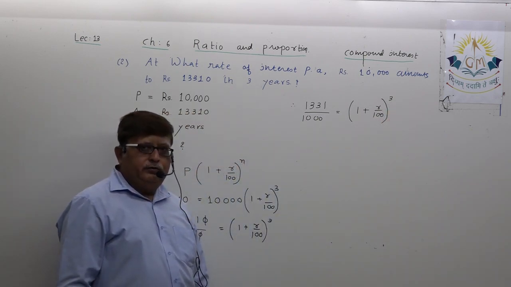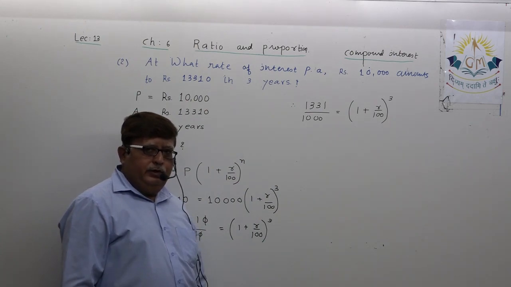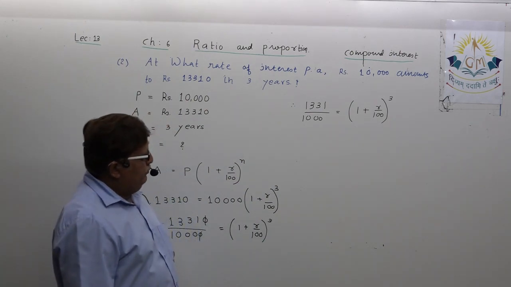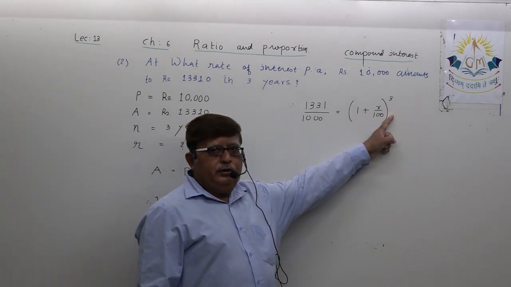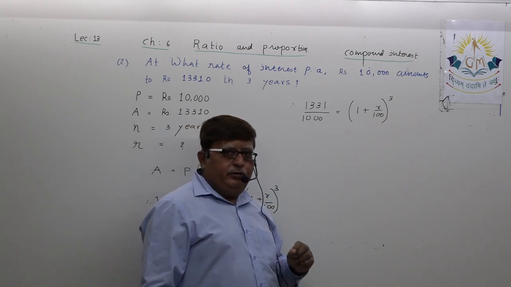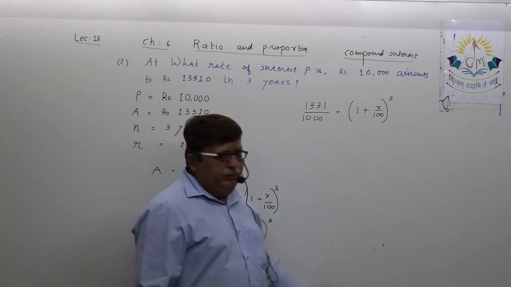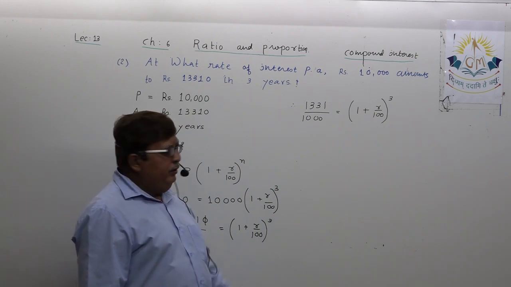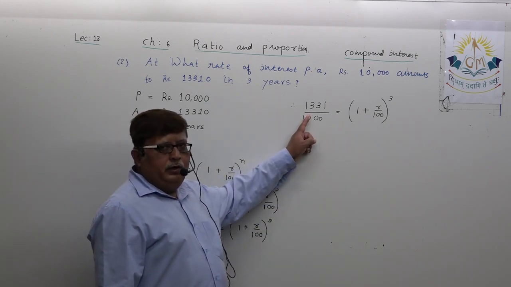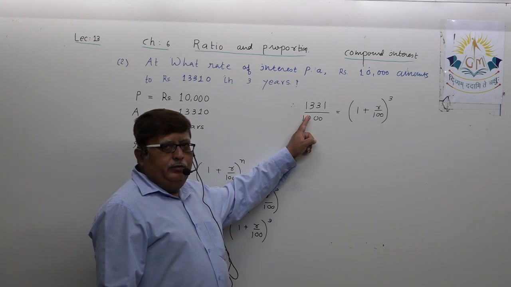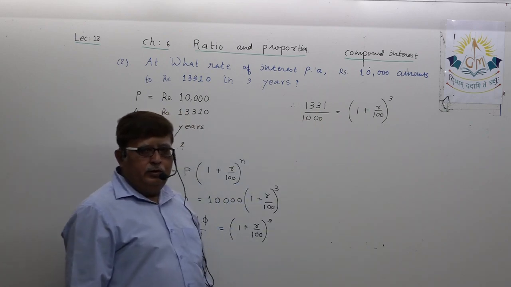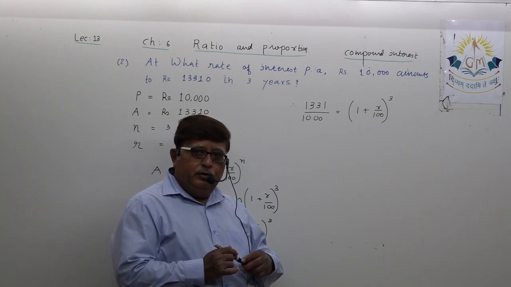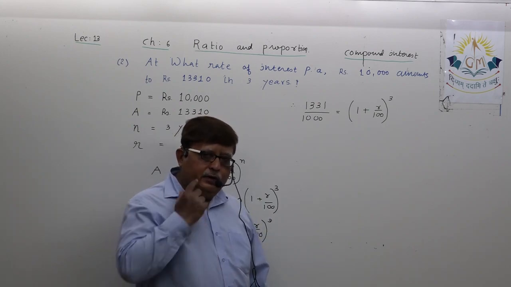And now, dear student, simply comes the logic. What is the power appearing here? 3. That simply means because the power is 3 here, the numbers appearing on the left side must be the cube of some specific number. That's the clear logic you need to apply.